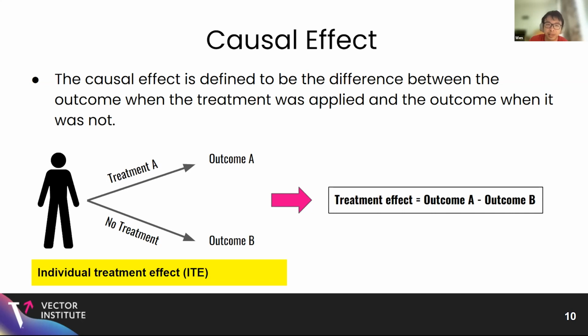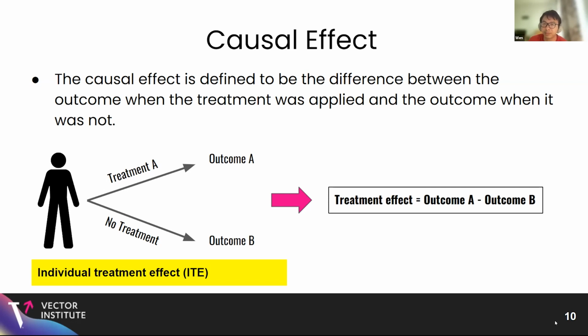She can be given treatment A and get outcome A, or she can get no treatment and get outcome B, and the treatment effect is the difference between those outcomes, which is outcome A minus outcome B.